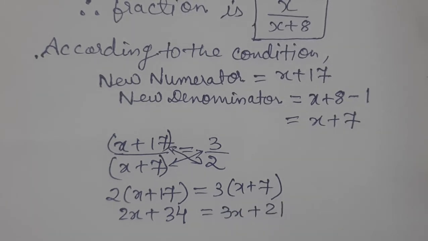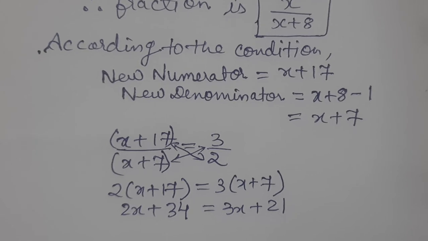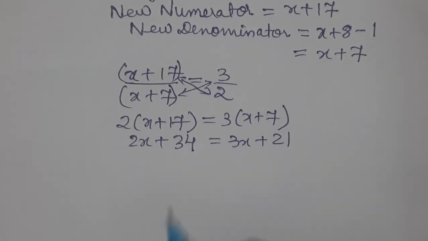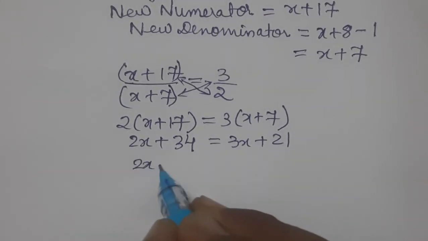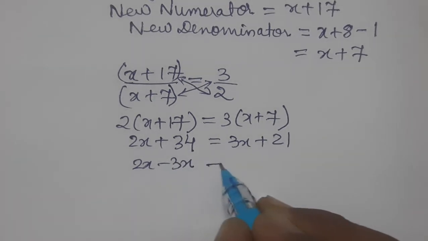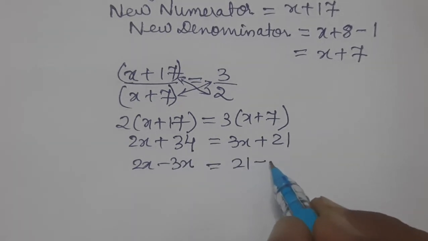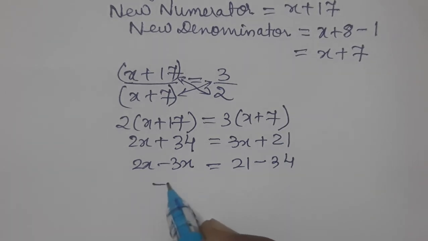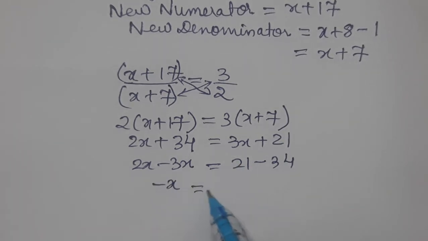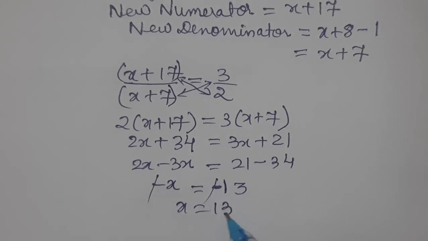Now what we have to do? We have to transpose variable to one side and constant to other side. Minus x equals to minus 13. Minus minus cancel out. X equals to 13.